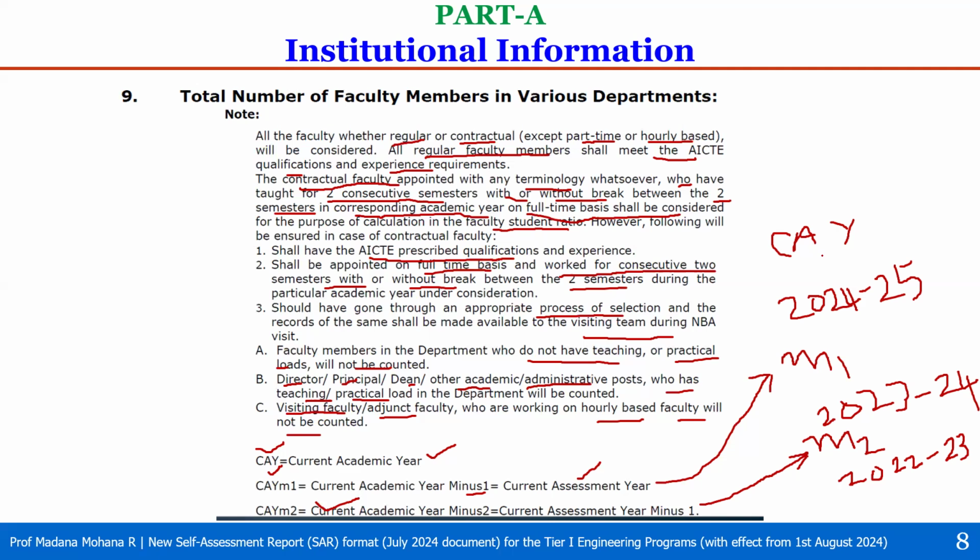So here current academic year 24-25 will be considered only for faculty on rolls, then students on rolls. Remaining all the data, pertaining to the criteria, that is for three completed assessment years, in this case 23-24, 22-23, then 21-22 also. This is very important.